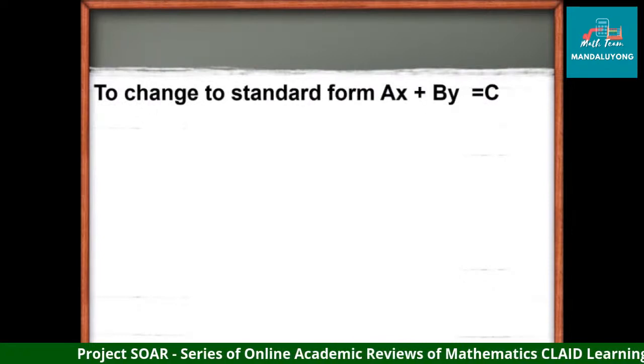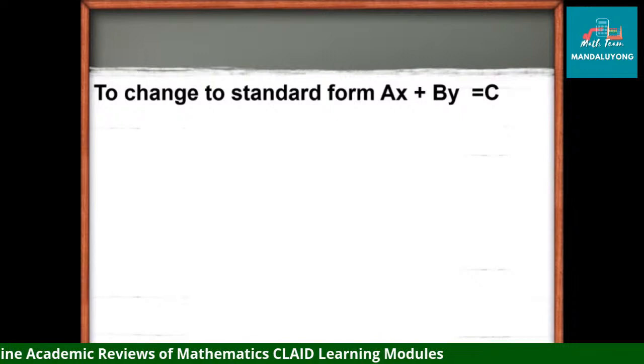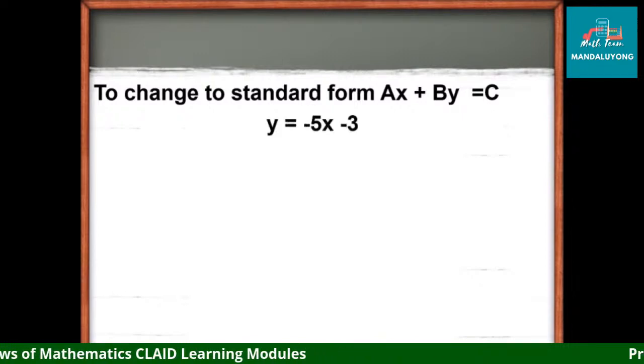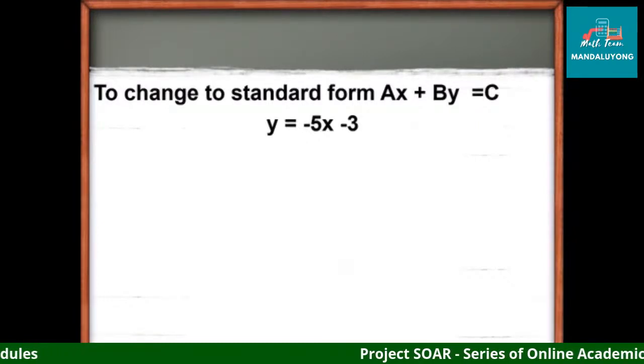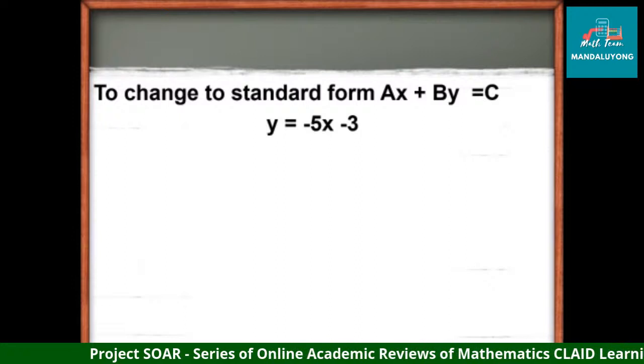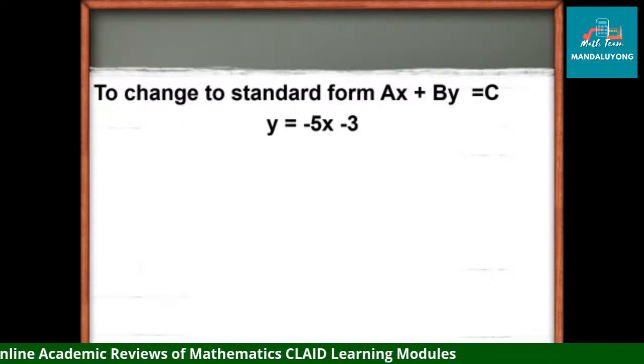To change to standard form ax plus by equals c, we will just copy our equation y equals negative 5x minus 3. Take note that in our standard form, the terms containing x and y are written on the left side of the equation, while the constant is on the right side.